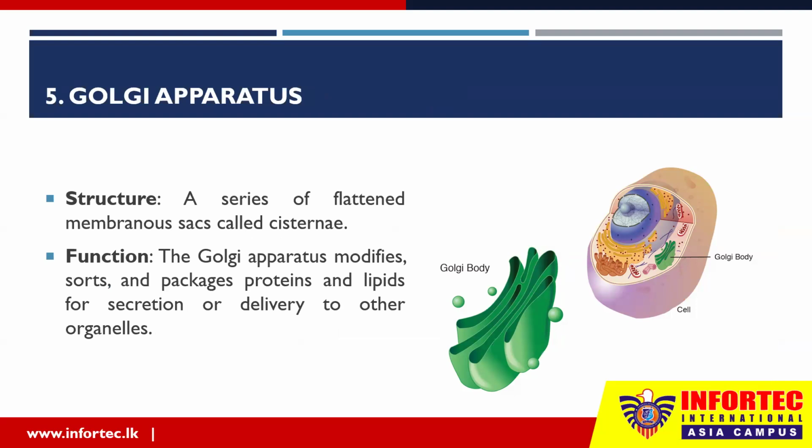Those are like plates gathered together, and we call those sacs the Golgi apparatus, or in other words, cisternae. The functions of the Golgi apparatus are that it modifies, stores, and packages the proteins and lipids. Then at the end, parts of the Golgi apparatus turn into vesicles, and those vesicles are transported throughout the cytoplasm.